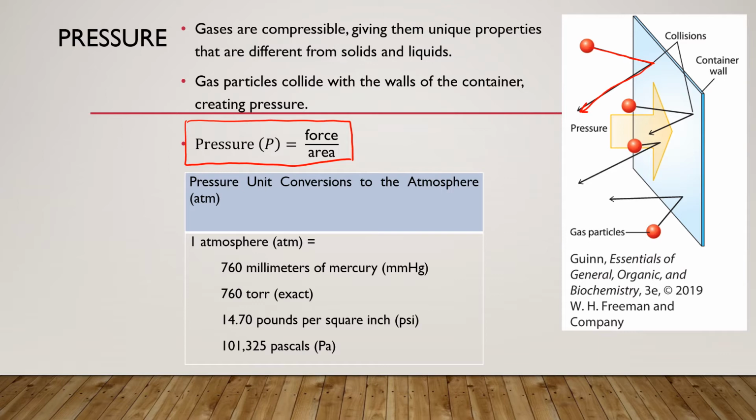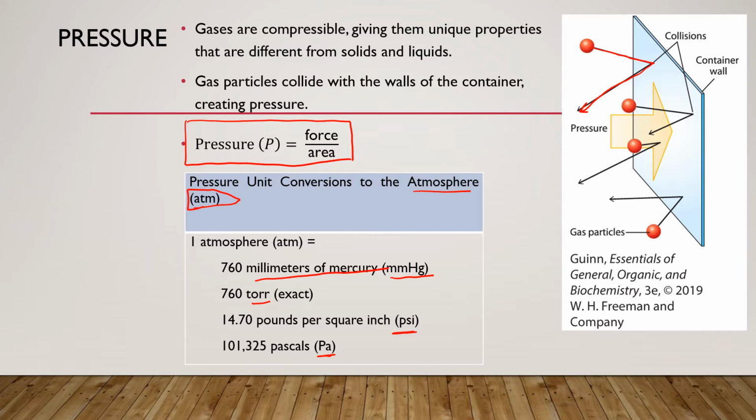Pressure can be measured in many units. The most common unit is atmosphere, or atm. Other common units of pressure are millimeters of mercury, denoted by mmHg, or torr, and PSI, which stands for pounds per square inch, and pascals, and the abbreviation for pascal is Pa.